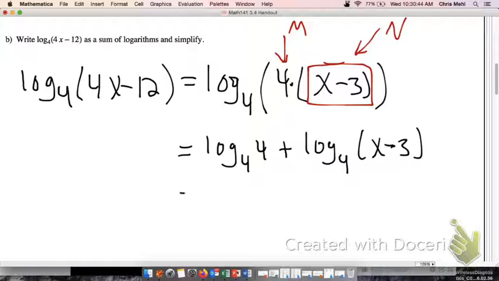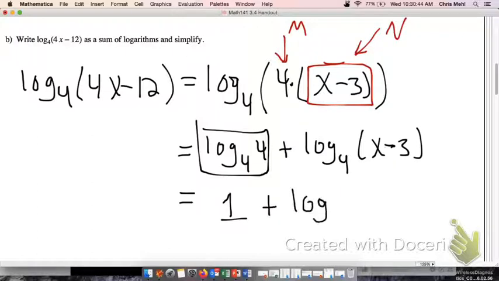Okay, and of course, the first one, the log base 4 of 4 part, to compute this, you're asking yourself, okay, so the base is 4. What power do I need to raise the base to get the input of 4 back, which would be positive 1? And there's not much you can do with the second term. That would just be log base 4 of x minus 3. Okay, so that is part B.